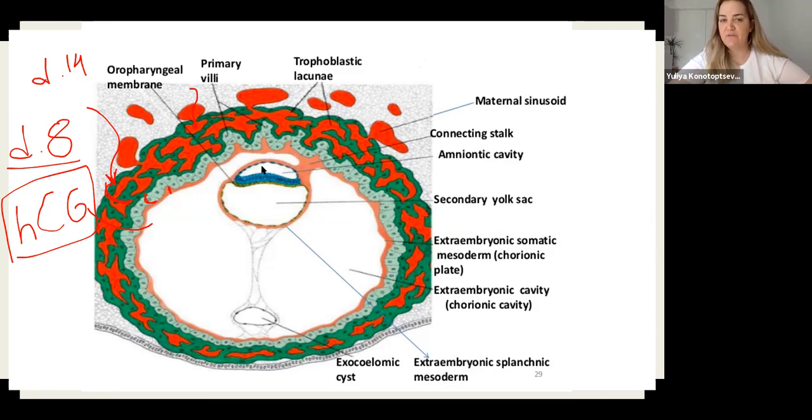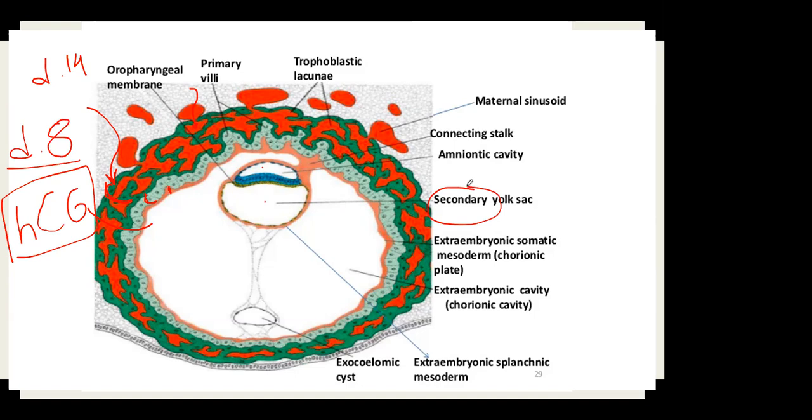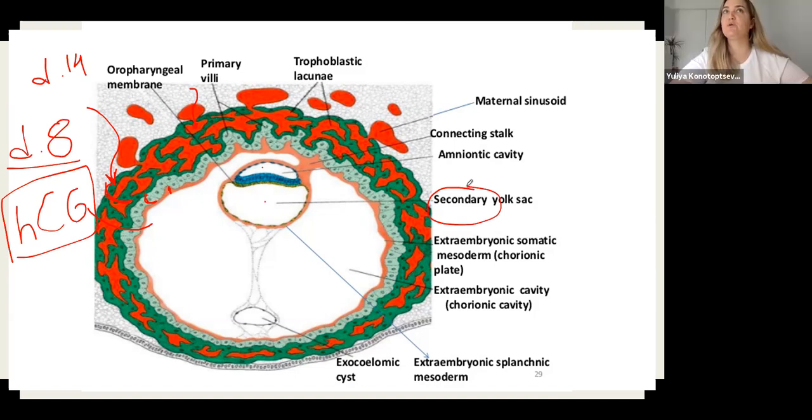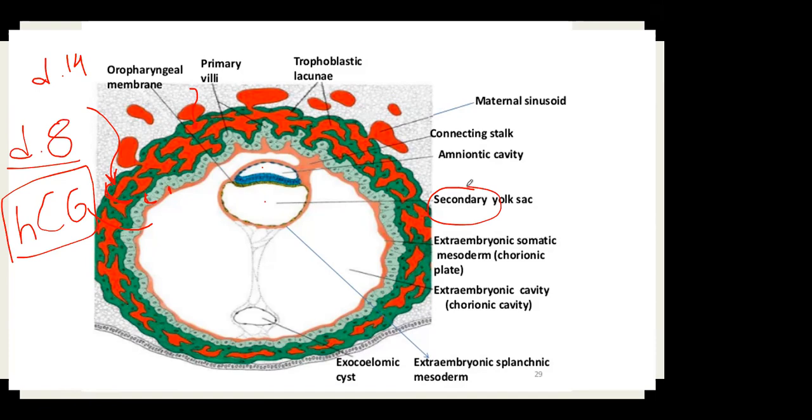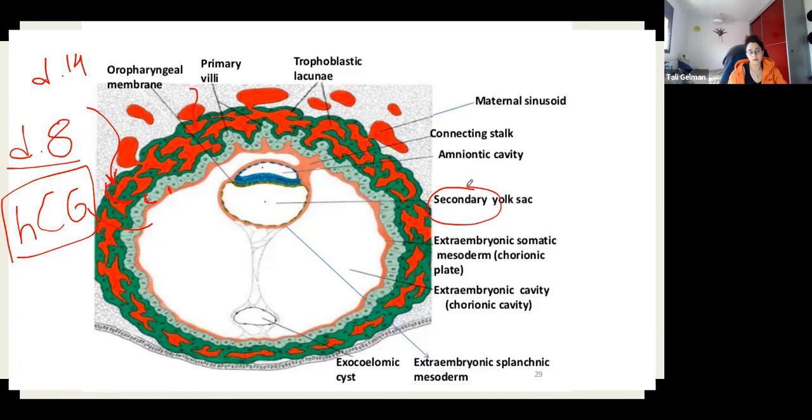Now here we have the amniotic cavity. Here we have the secondary yolk sac. Why do we call it secondary yolk sac? It's because the first one burst. Exactly. Why did the first one burst? Because of the fluid. It didn't have any place, so it burst. But what was the actual reason for it?